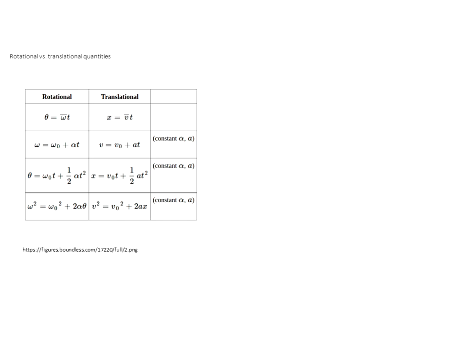So let me just close with this right here. A summary of rotational and translational parameters. So the rotational parameter is theta, and theta is related to angular velocity in this way. Translational formula is x, and that's related to translational velocity in this way.